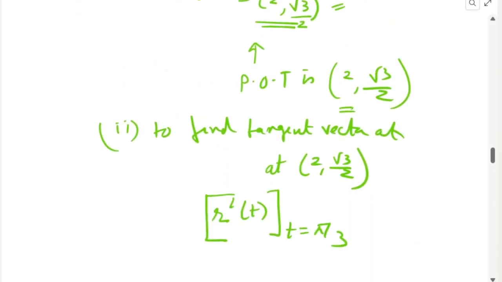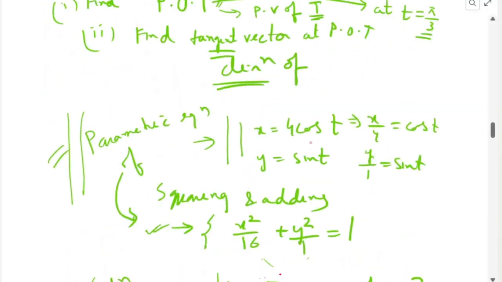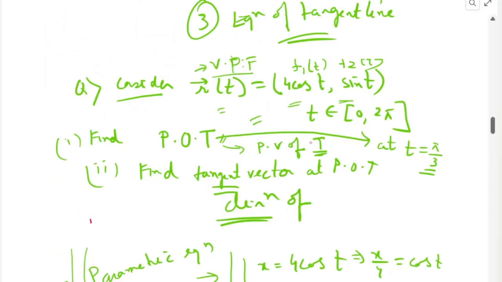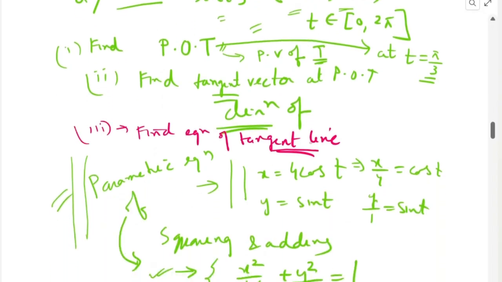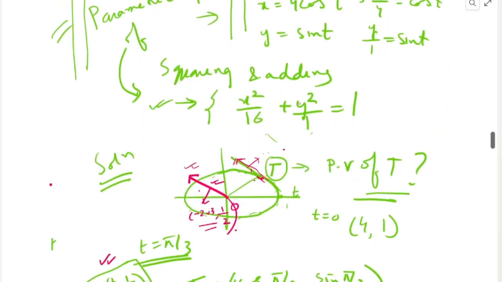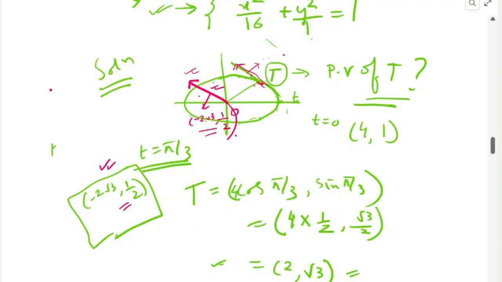Now I add a third question: find the equation of the tangent line. I need to find the point, which I have already found. This is your R0, which is 2 comma root 3 by 2.